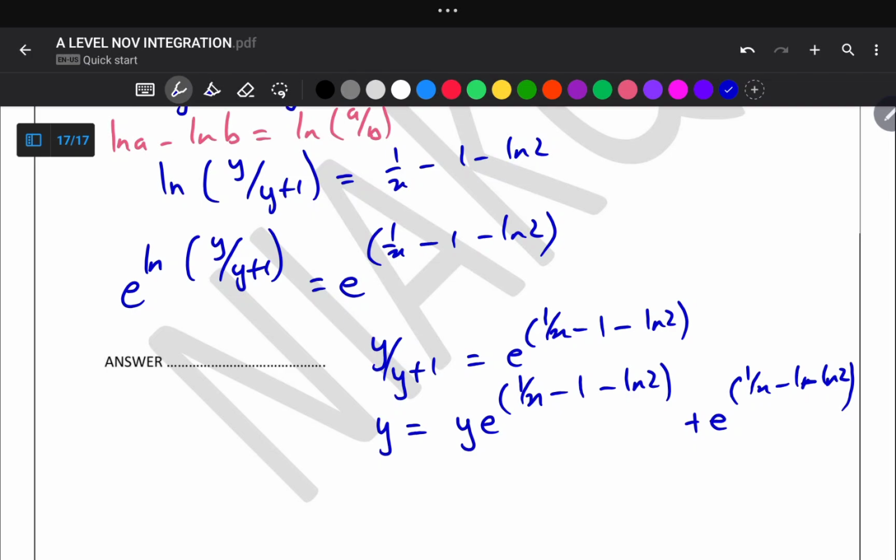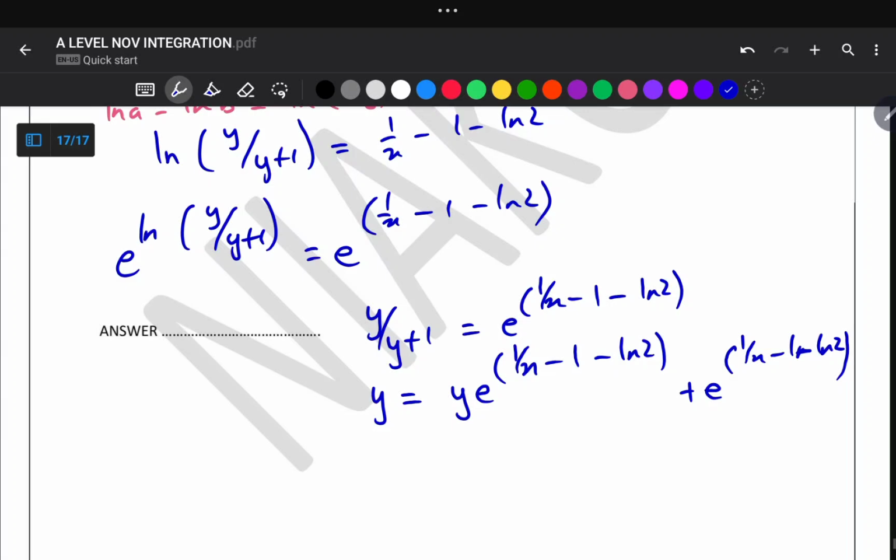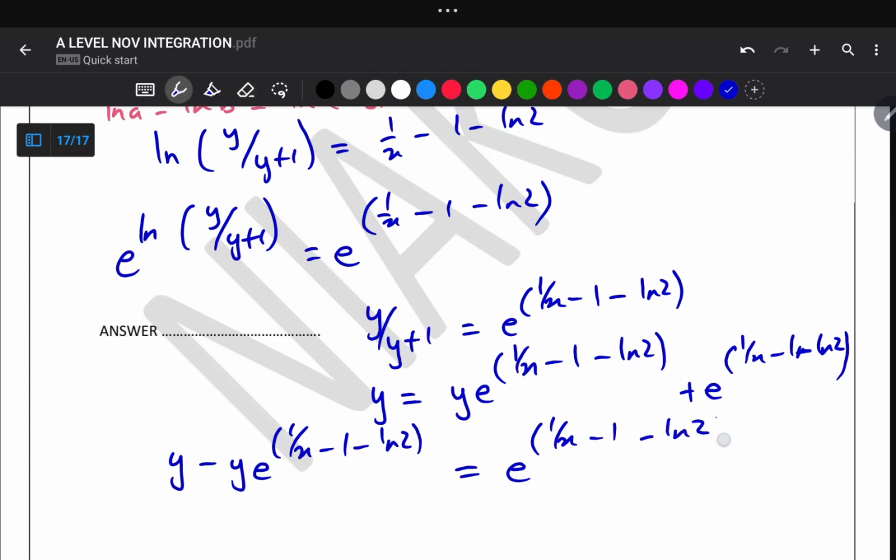So here we can also shift this term, y multiplied by e to the power 1 over x minus 1 minus ln 2, to the left hand side of the equation. So it is now y minus y multiplied by e raised to the power 1 over x minus 1 minus ln 2 being equal to e raised to the power 1 over x minus 1 minus ln 2.